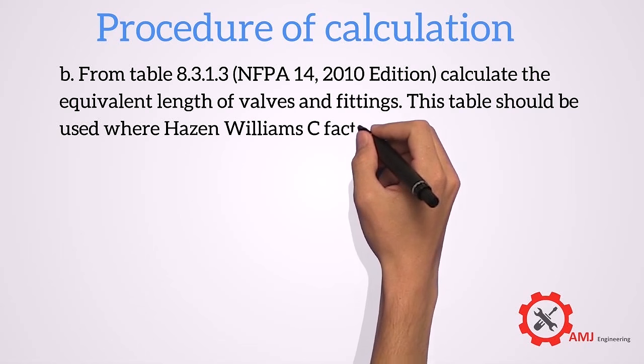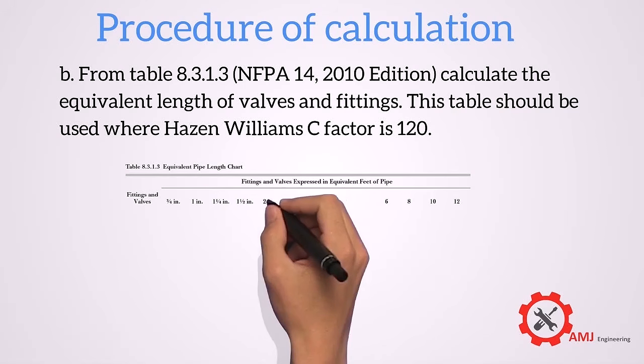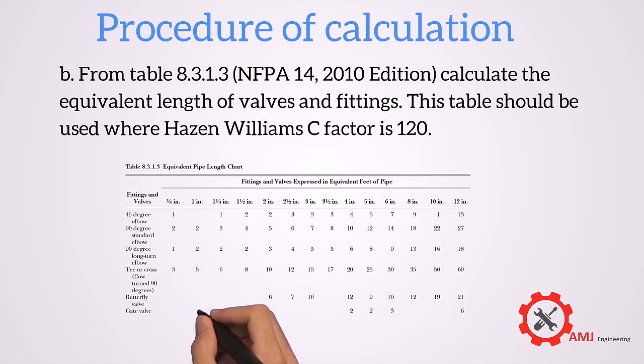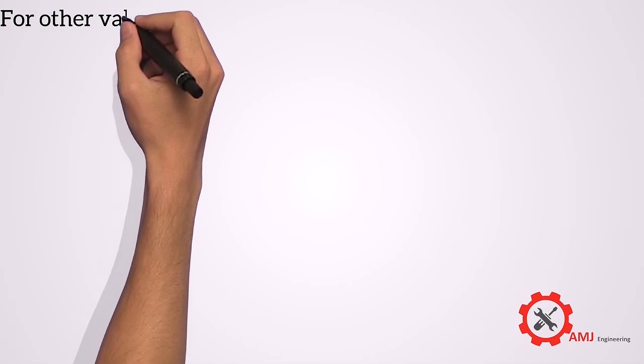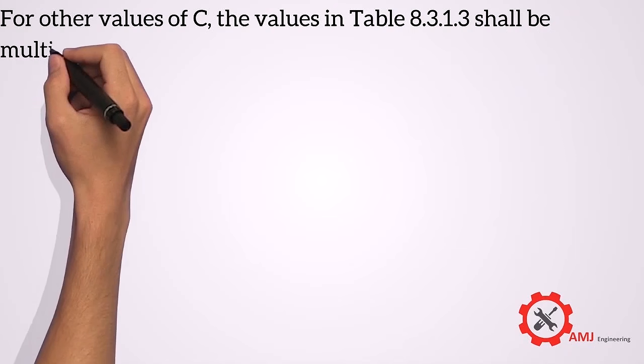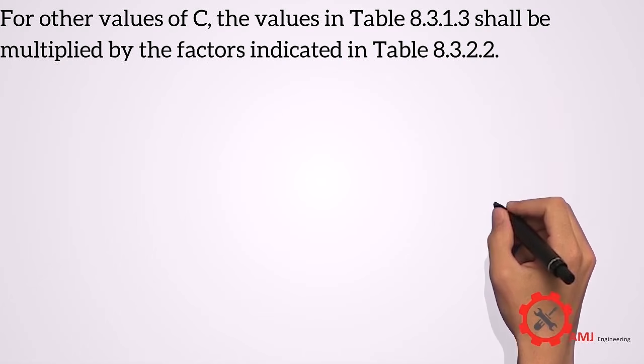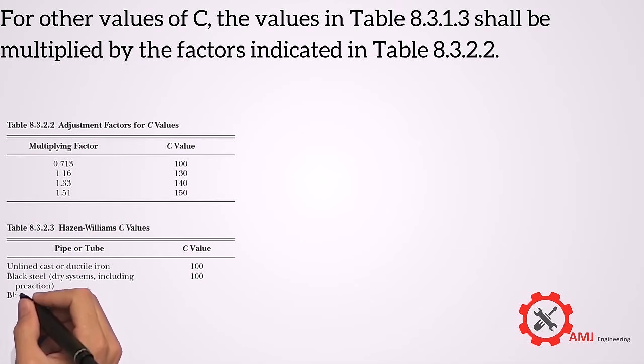This table should be used where Hazen-Williams C factor is 120. For other values of C, the values in this table shall be multiplied by the factors indicated in Table 8322.